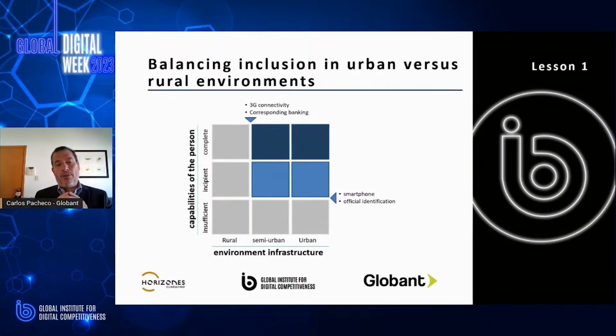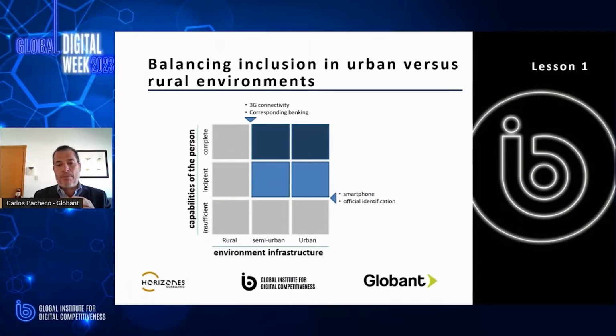And this is very important because the reality in Latin America has been evolving from financial inclusion being a rural challenge to now a semi-urban and urban challenge. In our countries, the majority of people now live in semi-urban and urban areas around the big cities.